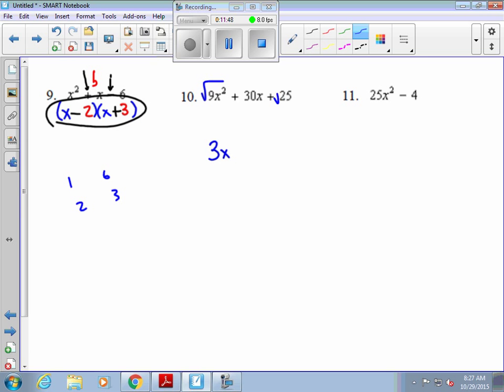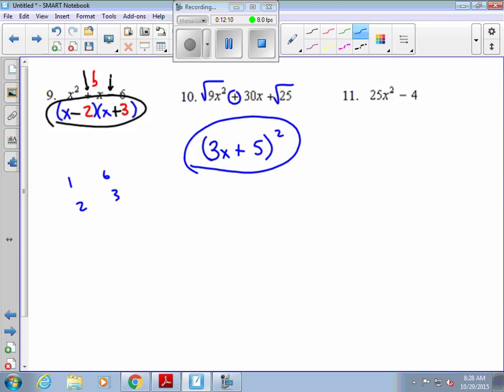And you can take the square root of the c value, 25, which is 5. This sign is the one that goes in between them, so plus 5. And then that entire binomial is being squared. If you multiply 3x plus 5 times 3x plus 5, you'll come back to the trinomial, 9x squared plus 30x plus 25.